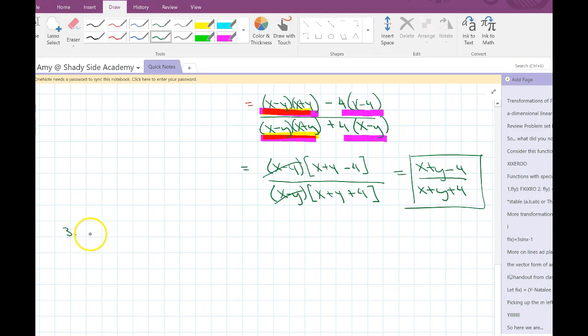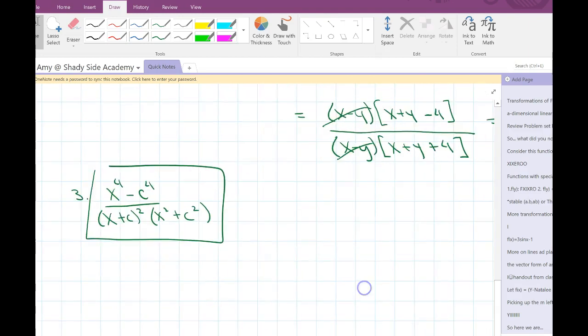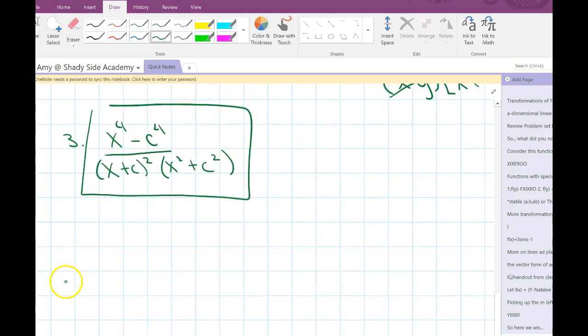Number 3. x to the 4th minus c to the 4th all over x plus c squared times x squared plus c squared. Okay, we're going to simplify that rational expression. Again, that does not require you to state the domain restriction, and then simplify this rational expression.